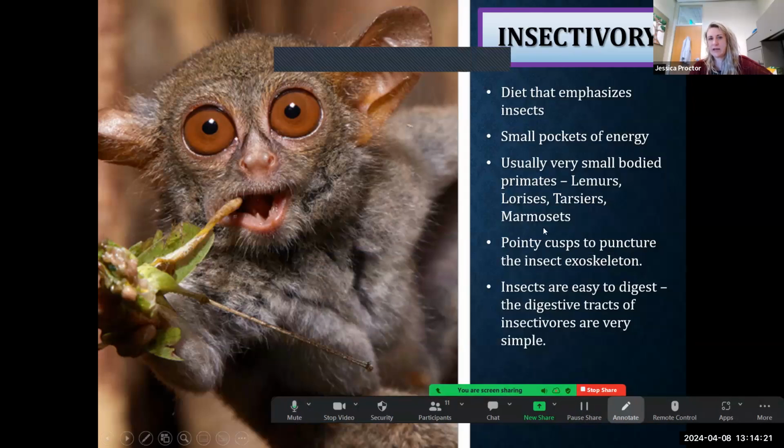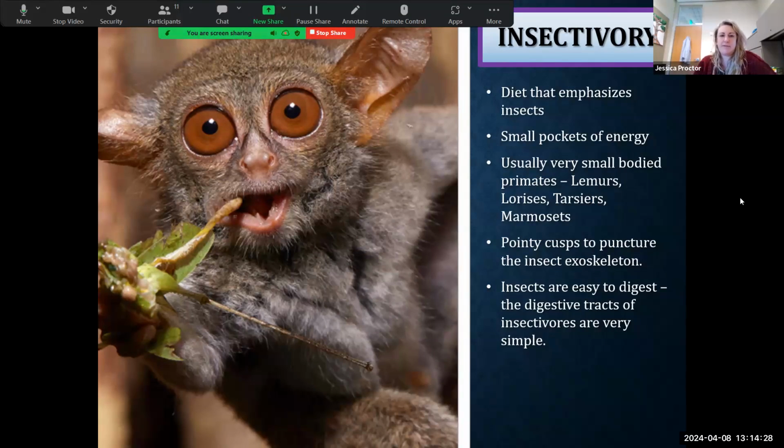So we learned in the last lecture that primates in general, as an order, have dietary plasticity, which is basically a fancy way of saying that we have a flexible, diverse, varied diet. Even though we will focus in on certain types of foods, some primates will eat mainly insects, some mainly vegetation, some mainly fruit, some eat a variety of all those things.